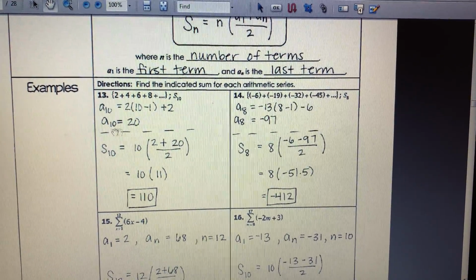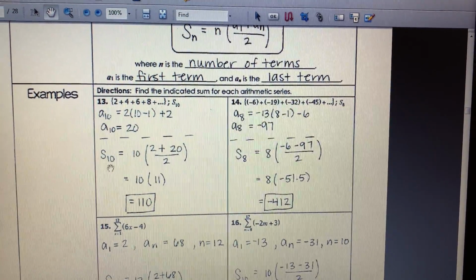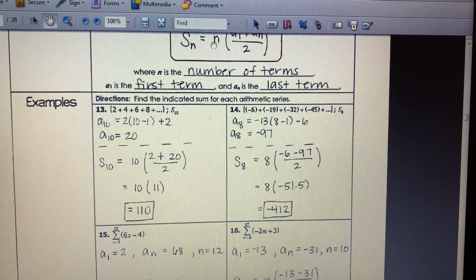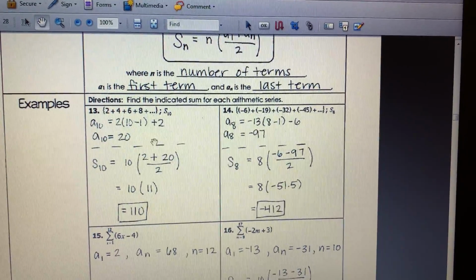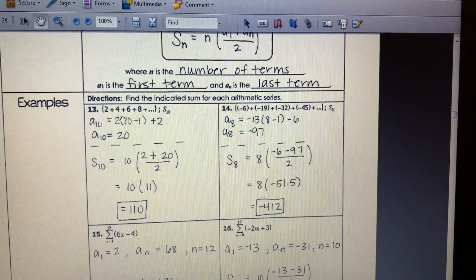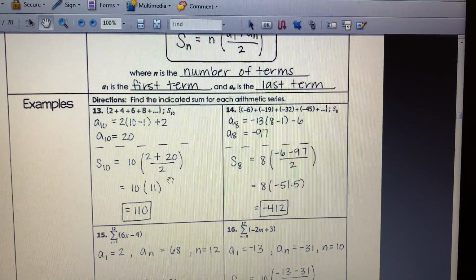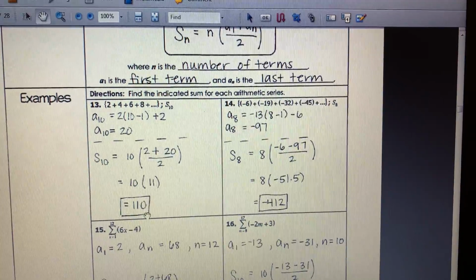And so now that you have the last term in the sequence, you can find the sum. S sub 10 means let's find the sum of the first 10. Using this formula, 10, because n is 10, times the first term plus the last term, so 2 plus 20, divided by 2. Multiply all that by 10. You'll get that the sum is 110.